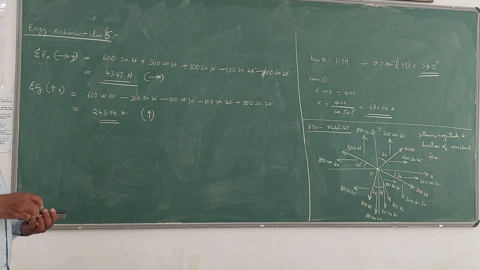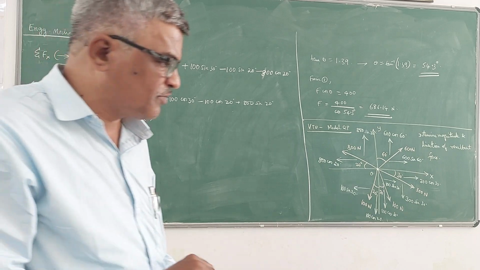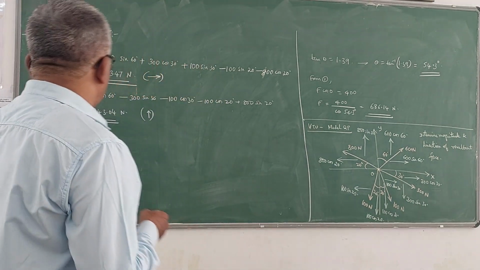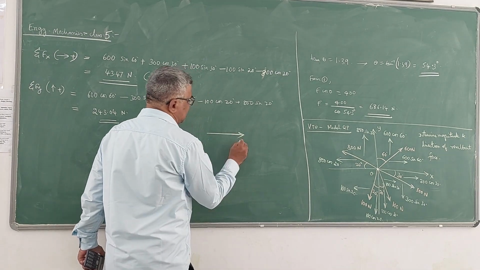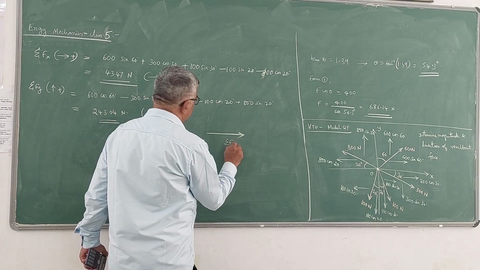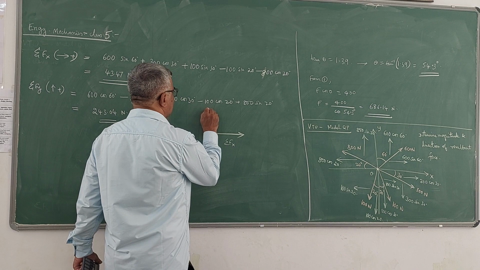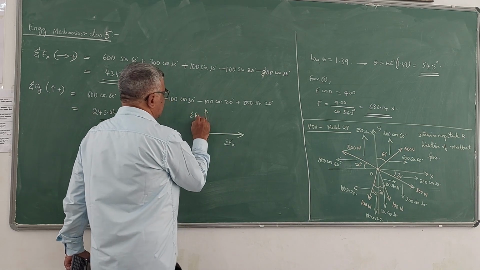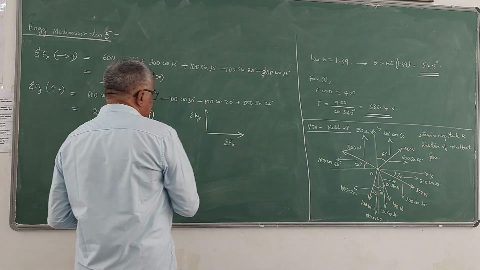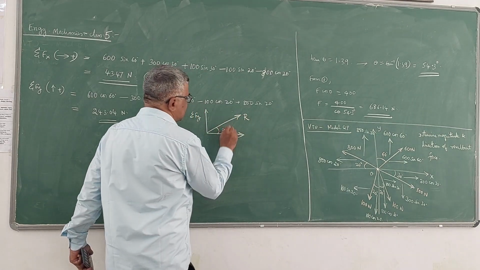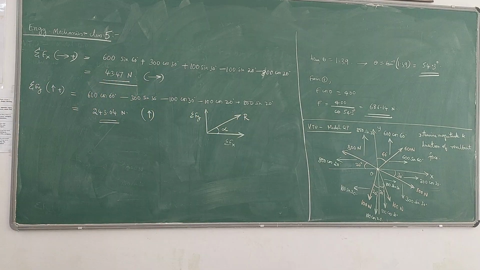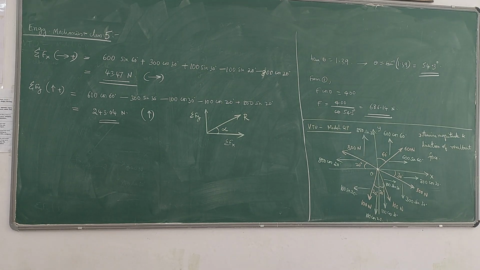Now once you get the magnitude and directions of the sigma fx and sigma fy components, you can show the resultant direction. So sigma fx is positive, sigma fy is also positive. Therefore the resultant will be acting in the first quadrant. This is R, and the angle made by the resultant with the horizontal x-axis is alpha.